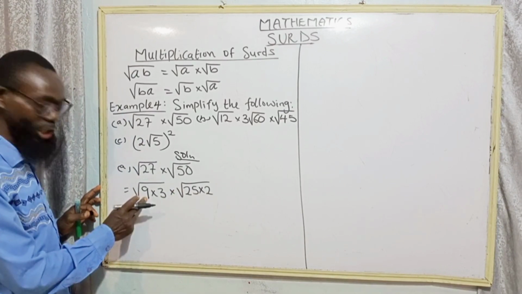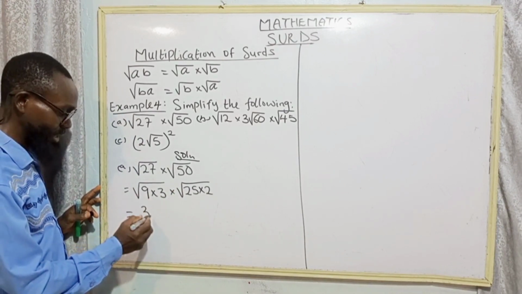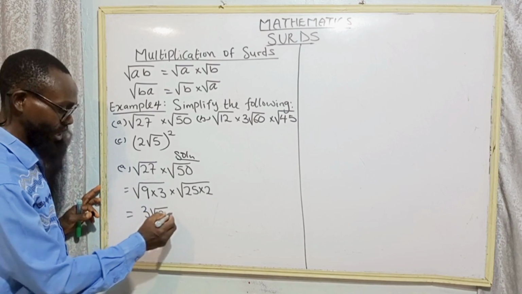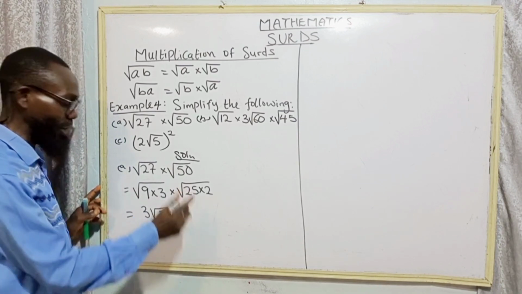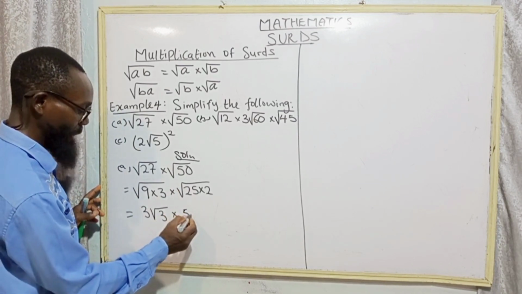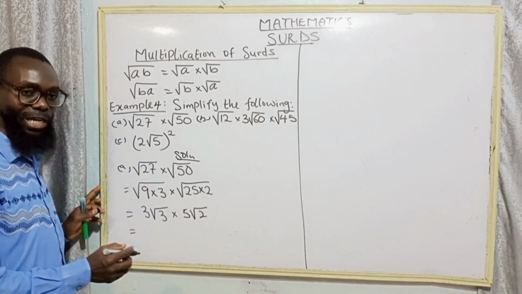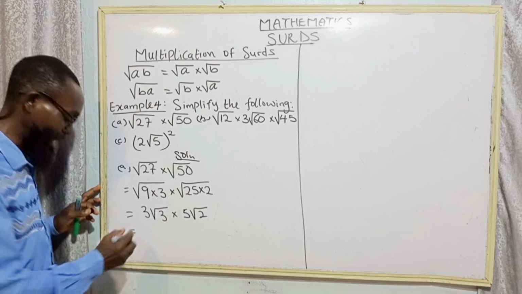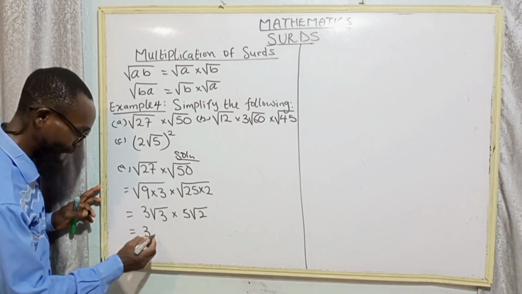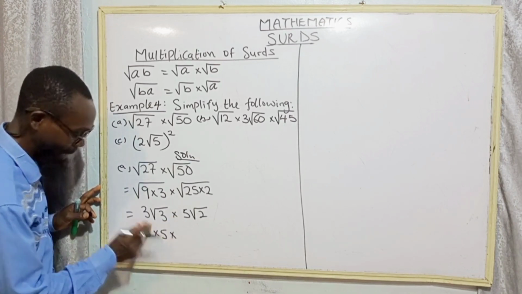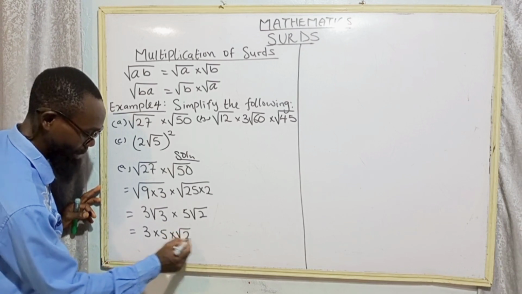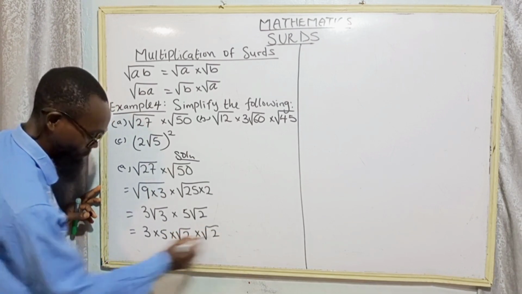So what is the square root of 9? We have 3, then it will be left with root 3, multiplied by square root of 25, we have 5 root 2. Then whole numbers together and the ones with square roots together. 3 multiplied by 5 multiplied by square root of 3 multiplied by square root of 2.